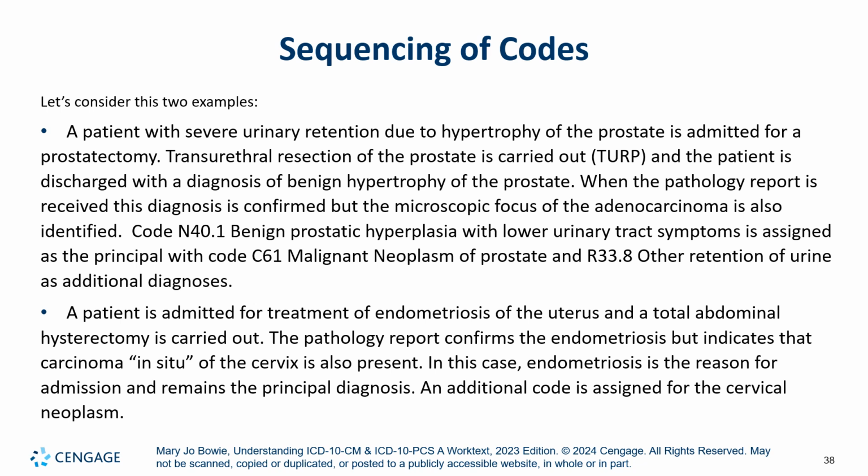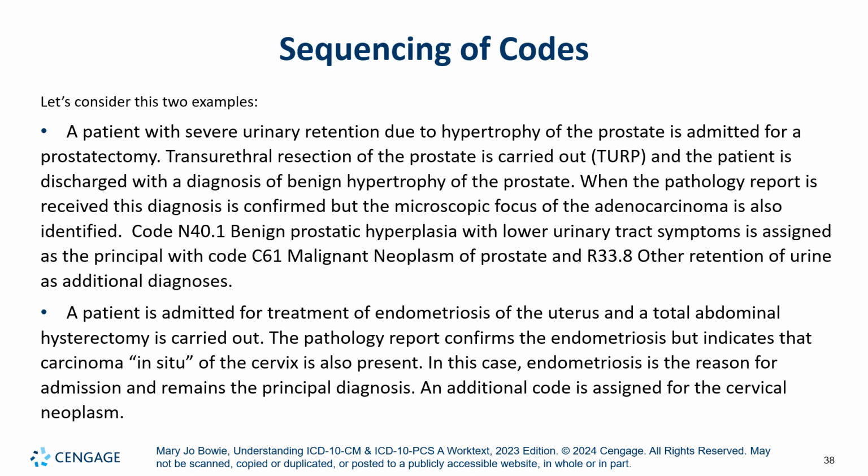So in this case, you would code N40.0 for your benign prostatic hyperplasia with lower urinary tract symptoms as your principal. And then you would code C61 for a malignant neoplasm of the prostate, and then your retention of your urine is your R33.8.